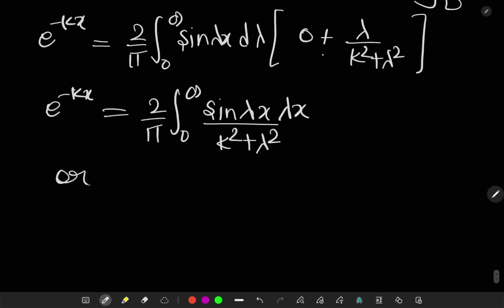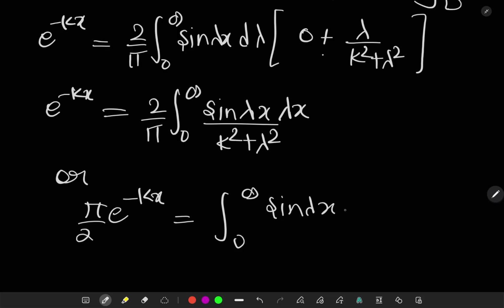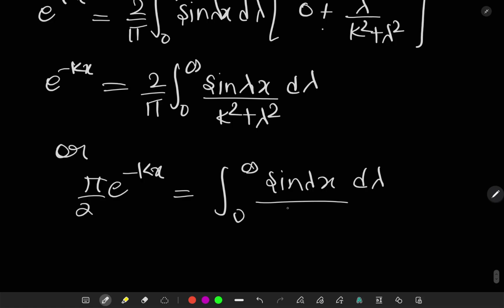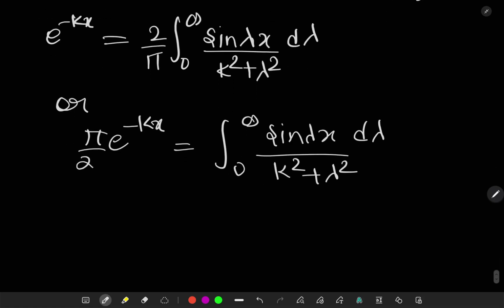So we can write pi by 2 e raised to power minus kx is equal to integral 0 to infinity sine lambda x d lambda divided by k square plus lambda square, hence proved.